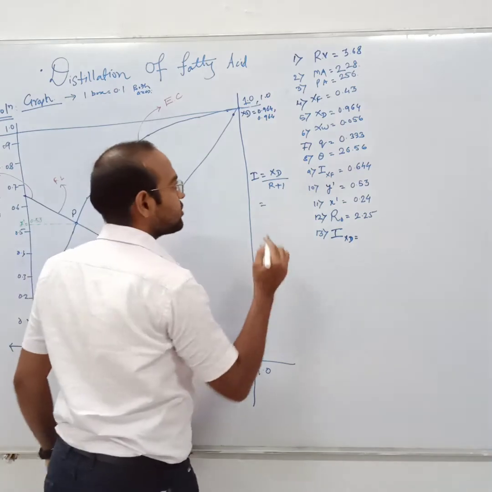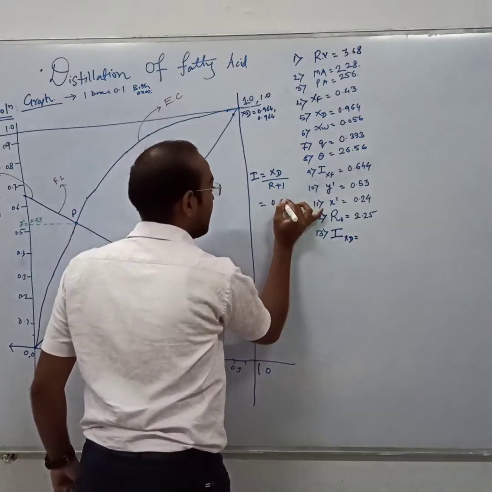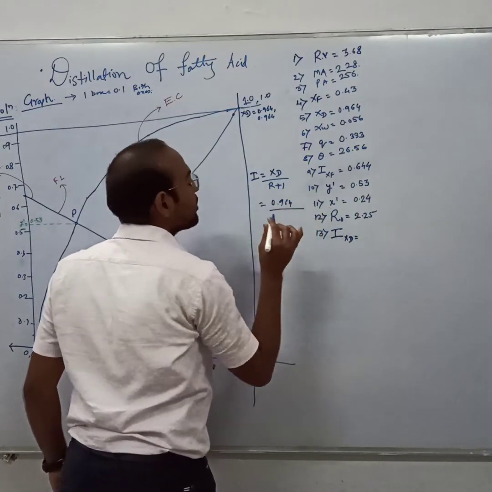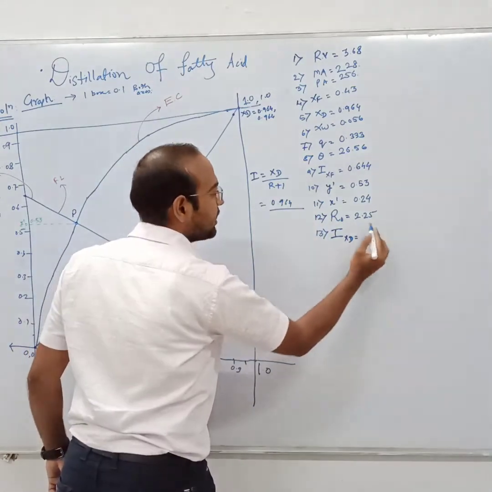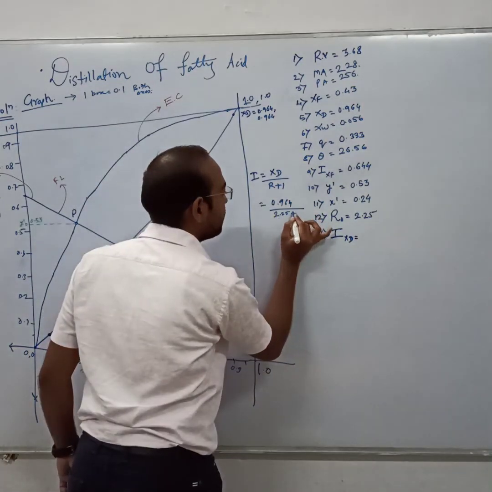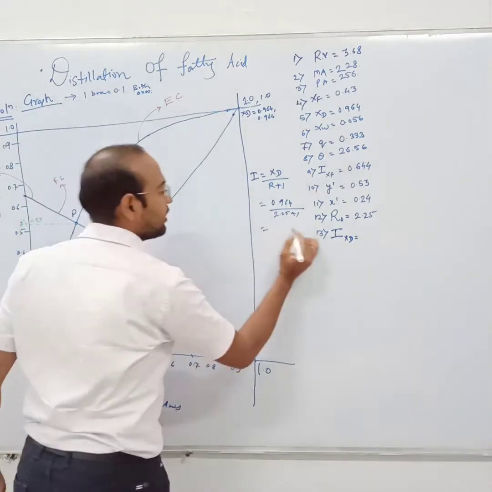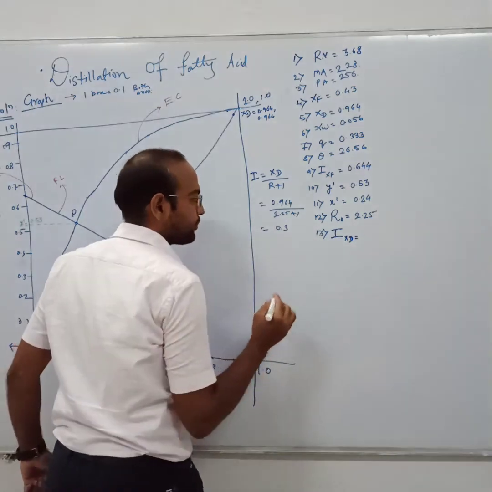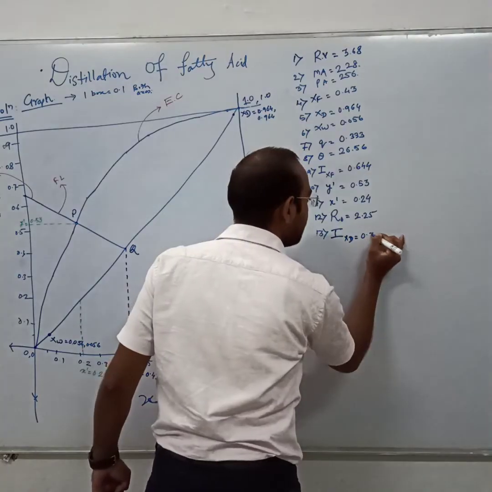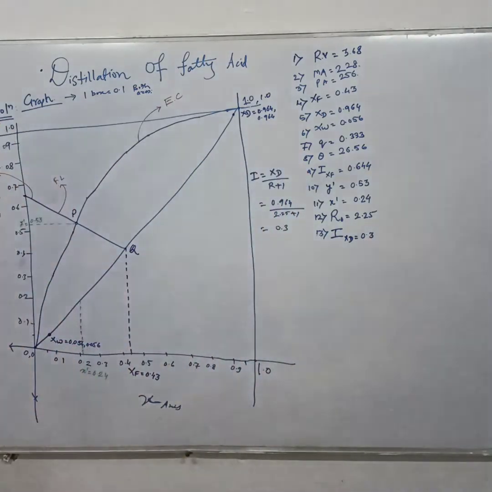So xD upon R plus 1: xD is already calculated, 0.964, and R plus 1 is 2.25 plus 1, and the value of the intercept we get is 0.296, we can directly write it as 0.3. So another intercept is calculated, that is 0.3.